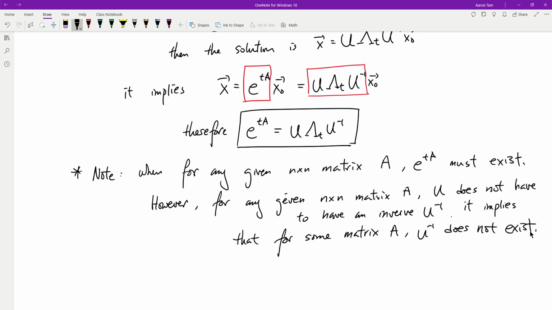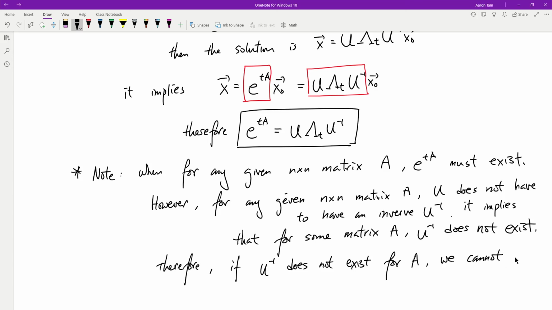So what it means is that in the cases when U inverse does not exist for matrix A, we cannot use this formula to find e to the tA.